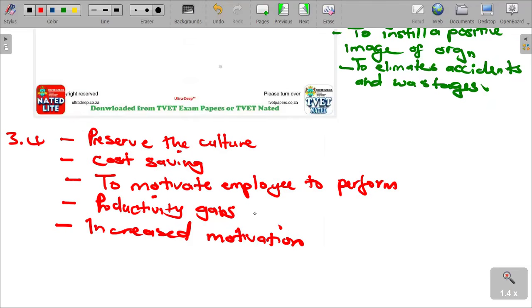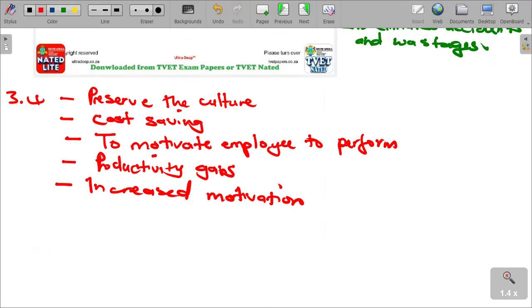They want to increase motivation in the employees so that they feel the organization can acknowledge good work done. And also, lastly, to improve morale. They recruit internally to improve the morale of the employees.